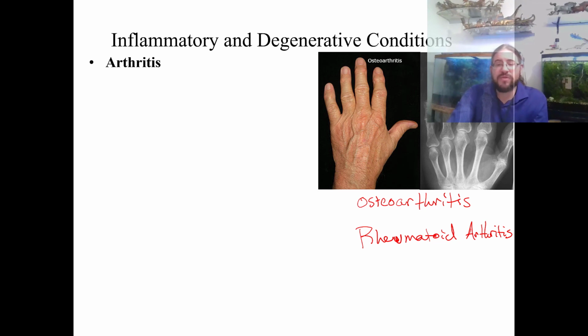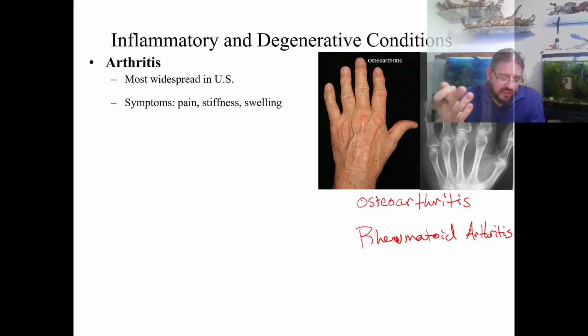So, osteoarthritis, rheumatoid arthritis. Arthritis in general, most widespread crippling disease in the U.S. It will cause damage to the joints, and it can cause permanent damage to the joints.